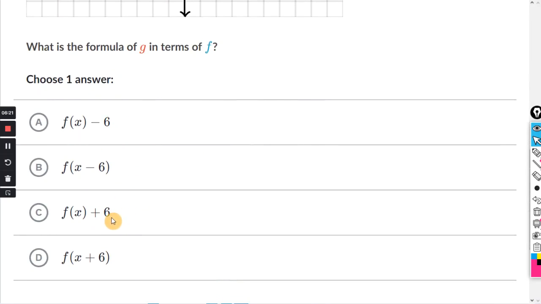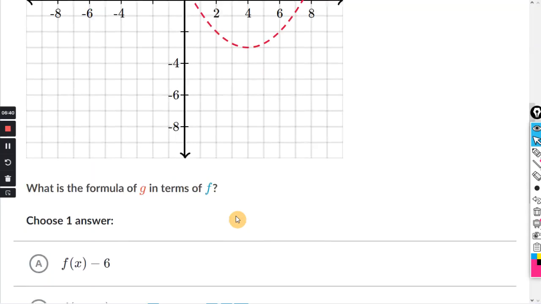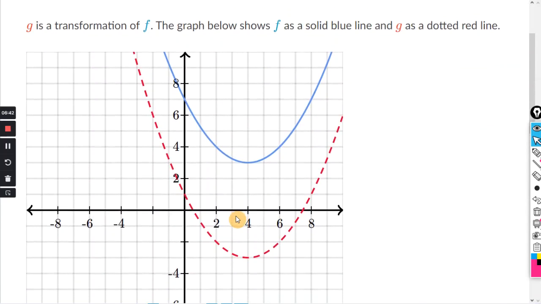So in other words, that shifts it up or down by 6. And then on B and D, we're adding or subtracting 6 inside the parentheses, so that will shift it left or right by 6. So in other words, it's either going to be shifted up, down, right, or left based on the choices. Okay, pretty simple.